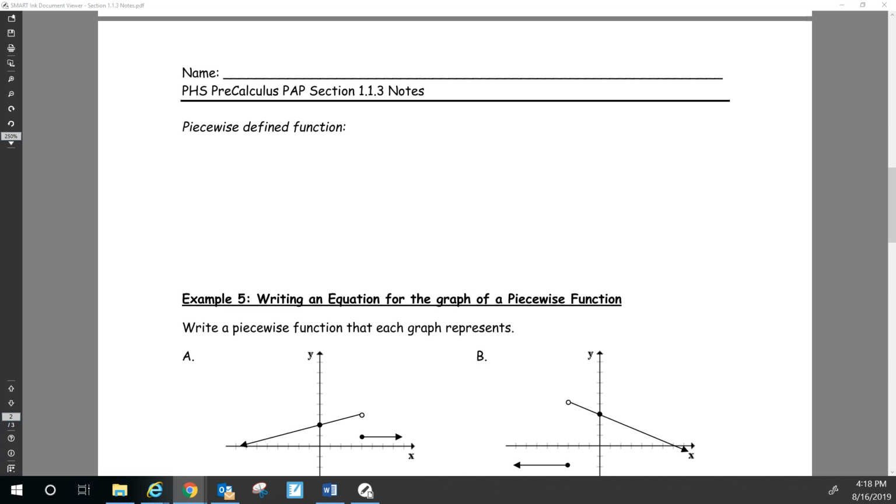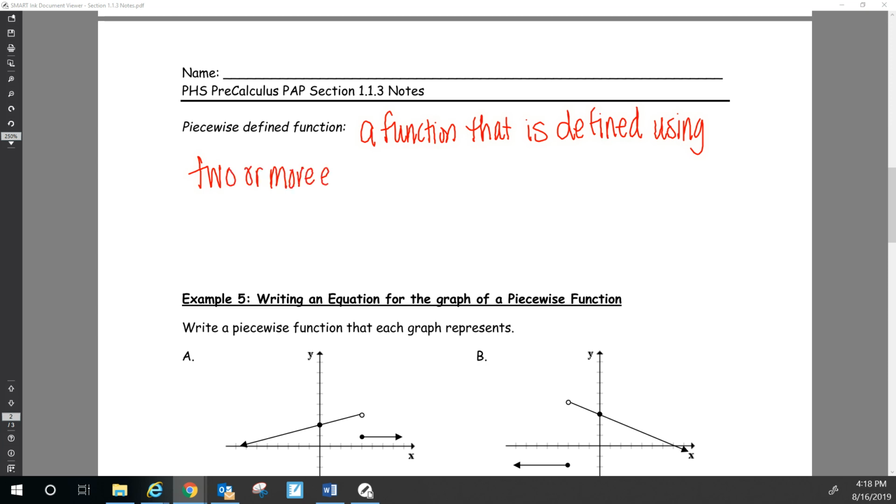Section 1.1.3, we're talking about piecewise defined functions. At this point, you could probably put it into your own words, and I encourage you anytime to do so, but the definition that they offer up in the book is a function that is defined using two or more equations for different intervals of the domain.